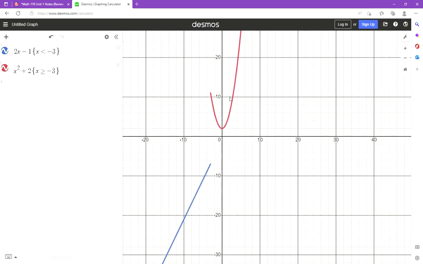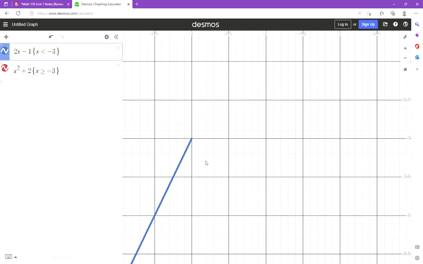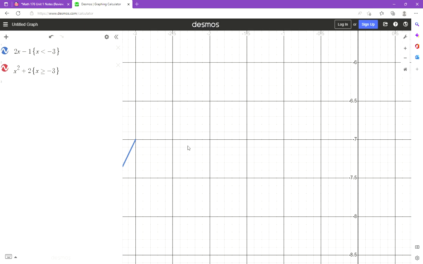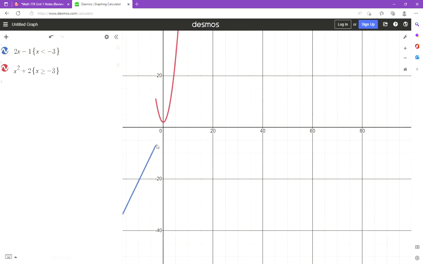So if we do want to see if we need to graph the actual piecewise function, that's a way to do it. Okay, so the whole graph, notice it shows it's undefined because of the inequality symbol, but if we zoom in, we can see, oh yeah, it's still close to -7, and that would still be the answer from the left side. Okay, so this is a way to graph piecewise functions.